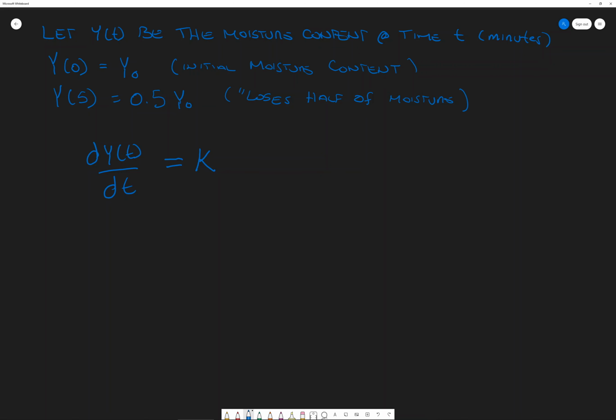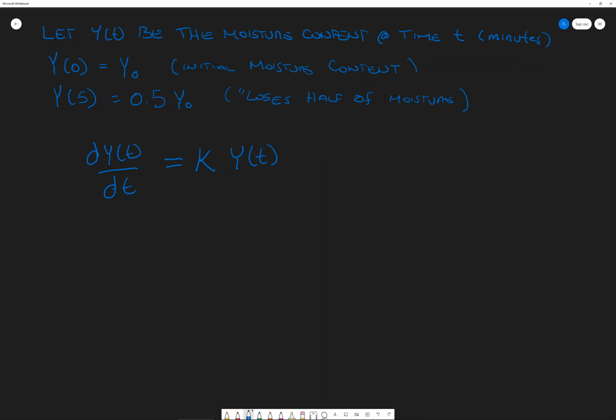So whenever you hear the words is proportional to, you put an equals k times, and then it says is proportional to the moisture content. Well, that is k times y of t. y of t is the moisture content.